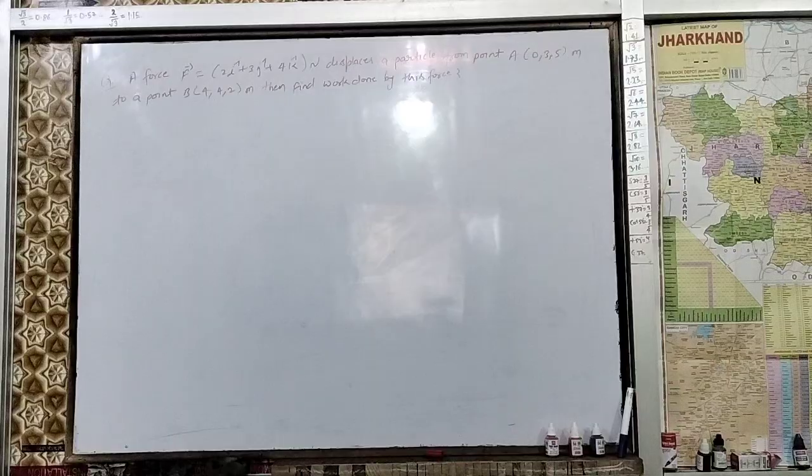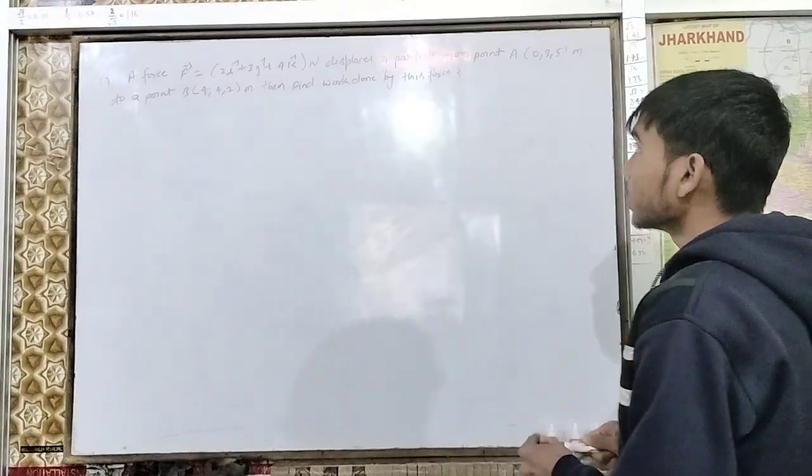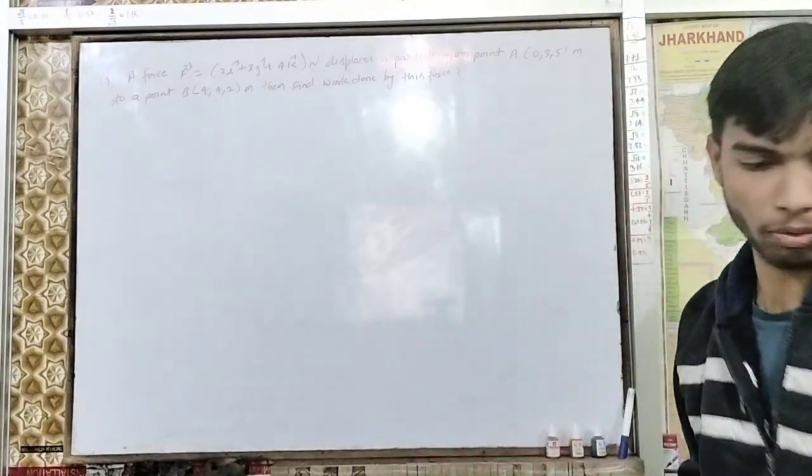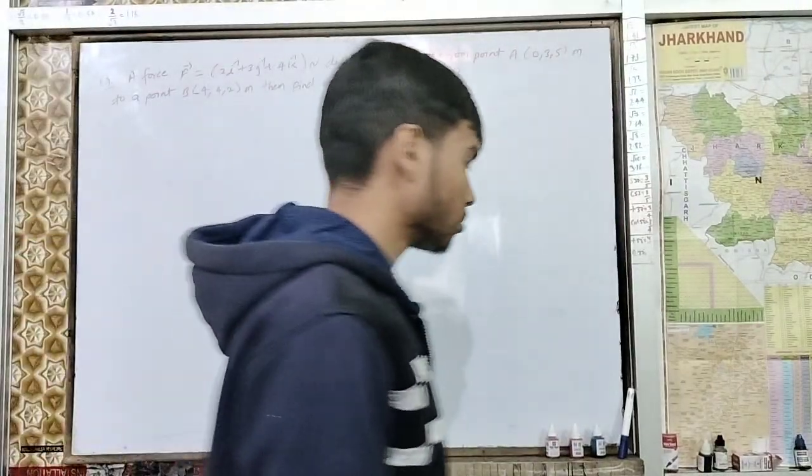Next question is different from the previous; there would be a little bit of difference, not too much. The value of a force is given: 2i cap plus 3j cap plus 4k cap.